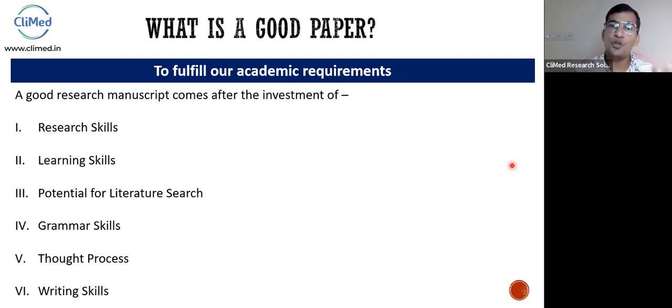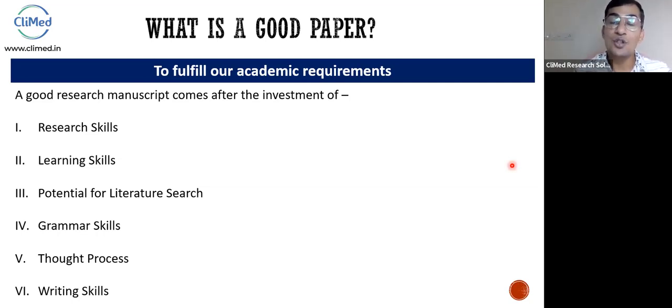So that's all you need in the grammar. You don't need complex grammar, complex sentences, long sentences. You need simple grammar, simple observations, simple sentences, easy to understand sentences. That's all you need in the grammar. And spelling mistakes, you have to avoid spelling mistakes.